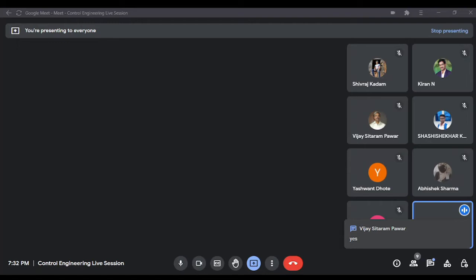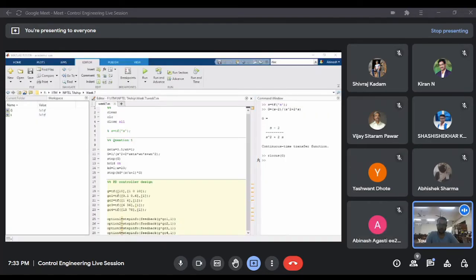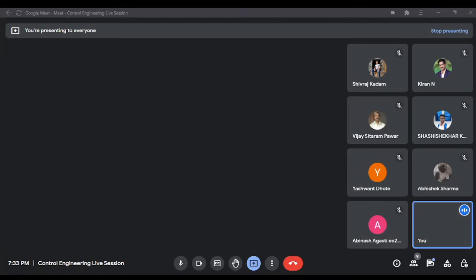So this is our open loop transfer function, right? Now, if I plot a regular root locus, then we have, let me dock this for now. Can you see the plot? Yes, sir. So as we had found out, the root locus plot will be between 0 to minus 2 and minus 2 to minus infinity.